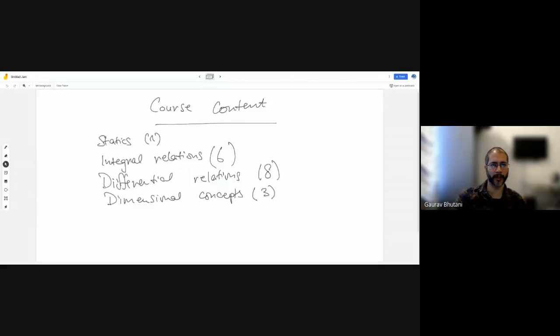For example, if I say quantity A is equal to B, then what that means is the dimension of A has to match with dimension of B. You cannot have a length equal to a time. You have learned this in physics earlier, but we'll use ideas along these lines to develop relationships between physical parameters in fluids. So this is used to calculate the force acting on a fluid and so on.